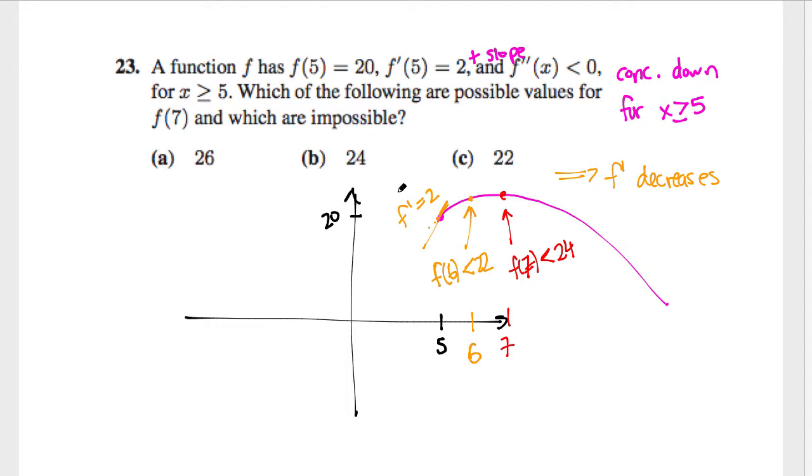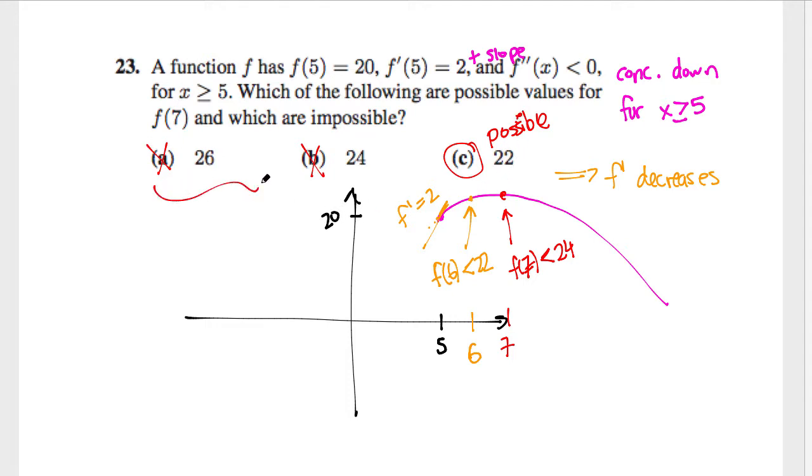So which of these are possible or impossible? If f of 7 cannot be greater than 24, that means A is out and B is out. So only C is a possible value for f of 7.